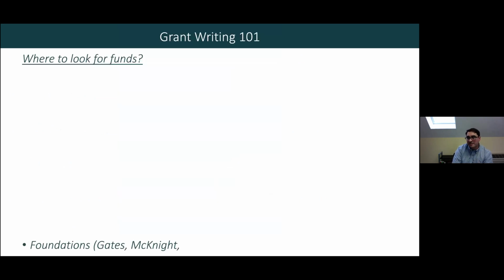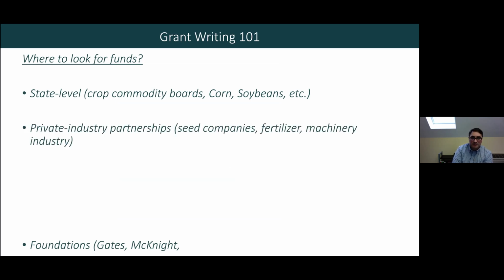Where to look for funds? Multiple places. I will just put a few: state levels, crop commodities, corn and soybean commissions, or any crop commission. There is a lot of funding also from private industry partnerships. We have companies that want to do basic science: seed companies, fertilizer, machinery industry.